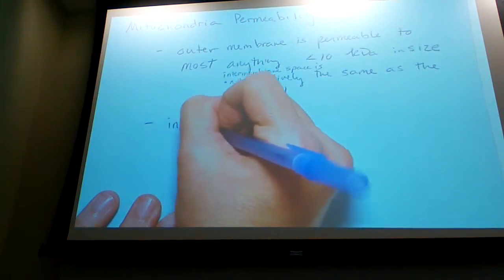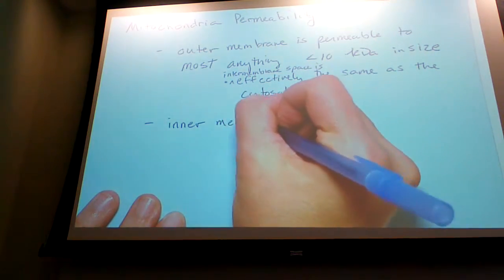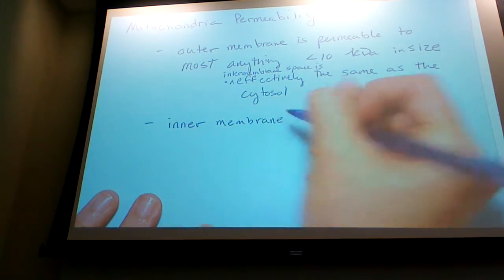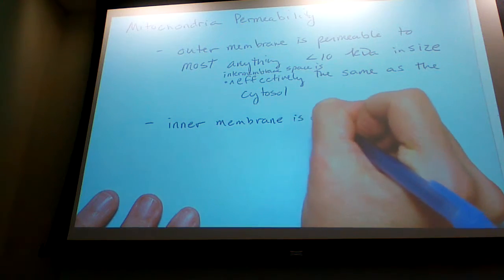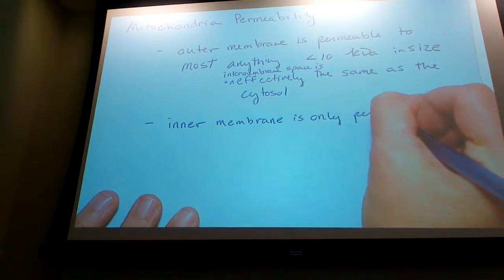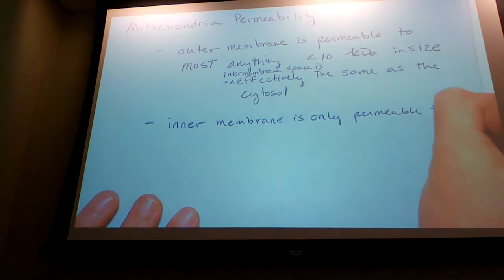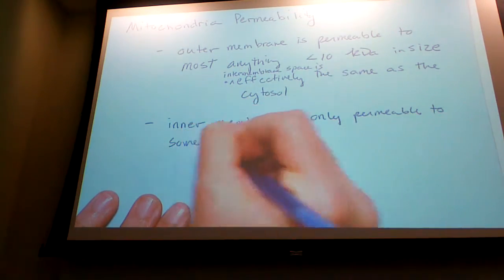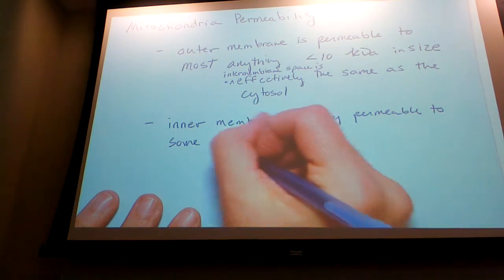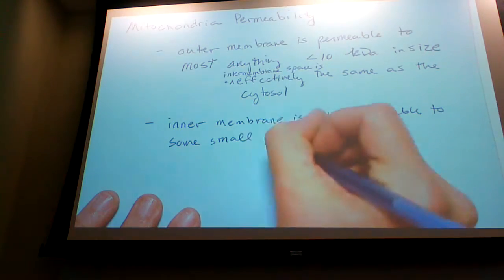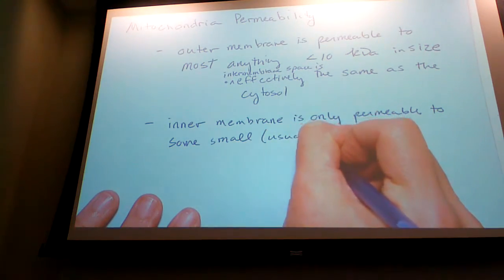The inner membrane is only permeable to some small molecules, assuming they're usually neutral.